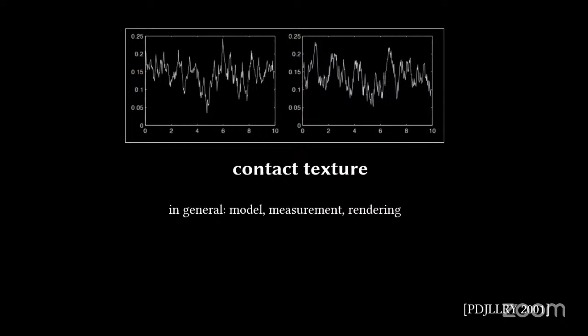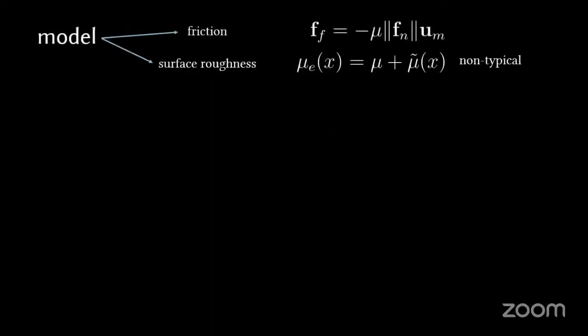So the next thing was contact texture, which is like all of this friction stuff. If you have tried to do all of this physics-based animation, there are a lot of friction models out there, and they use a very non-typical friction model for this.